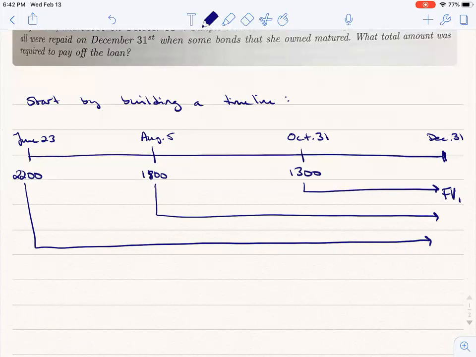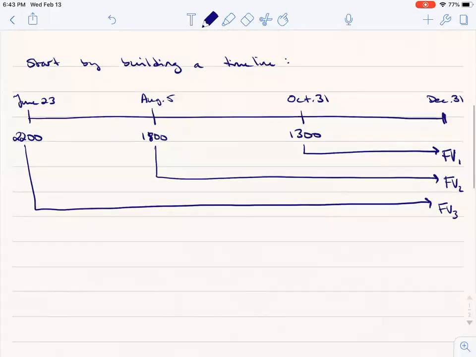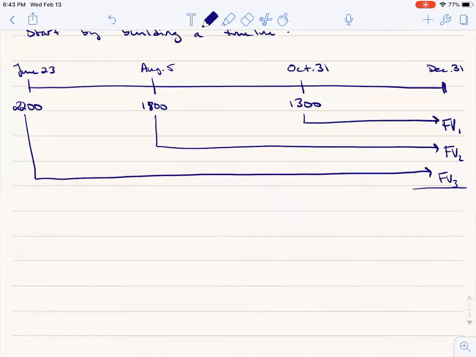It's just to say, here's the future value of the 1,300 from October 31st. And then FV2, and then FV3. Once we know those individual amounts, then we can calculate the total owing.